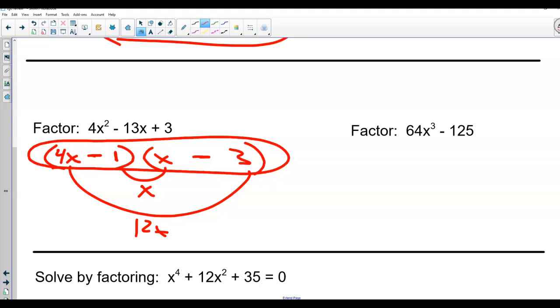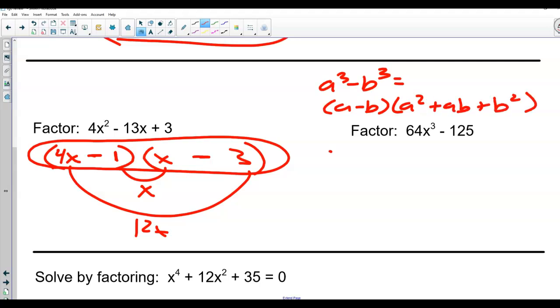The second one, we've gone over this ad nauseum of late. A minus b, a squared plus ab plus b squared. If a cubed is 64x cubed, then a equals 4x.